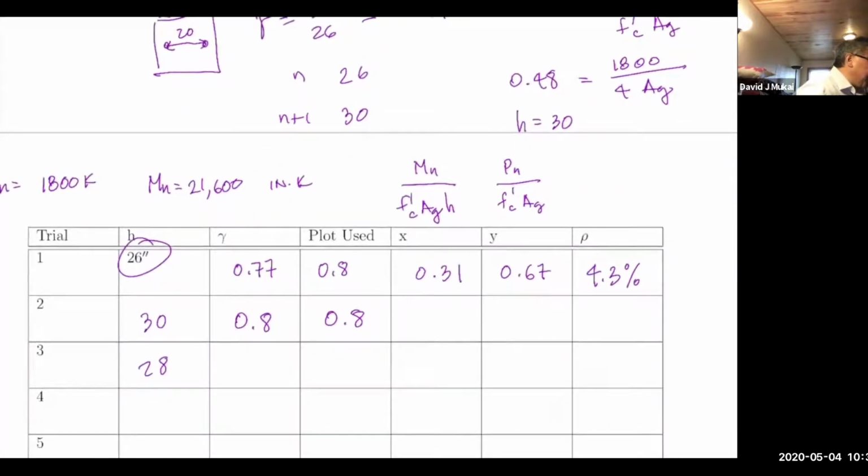So X is MN, which was 21,600 divided by 4 divided by 30 squared, divided by 30. Okay, y is 1,800.